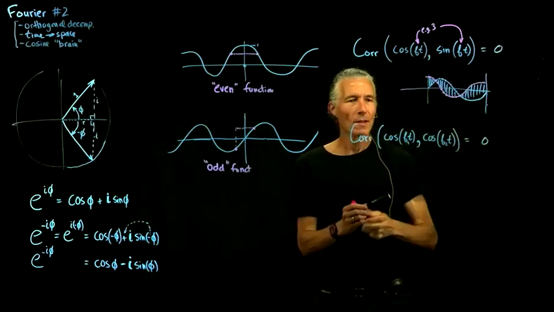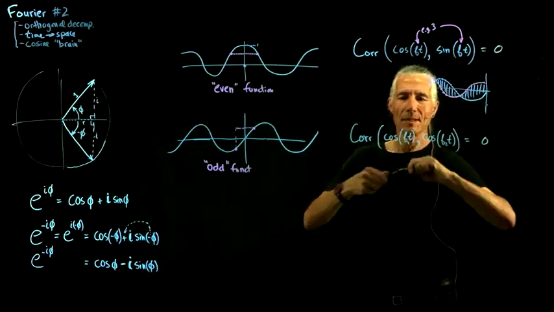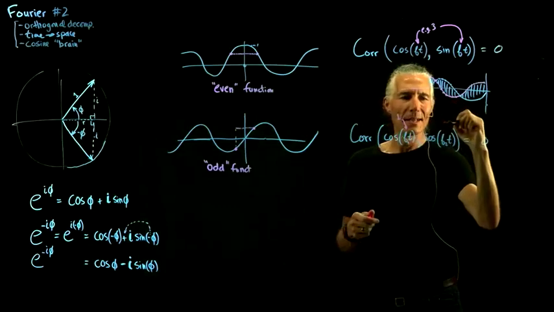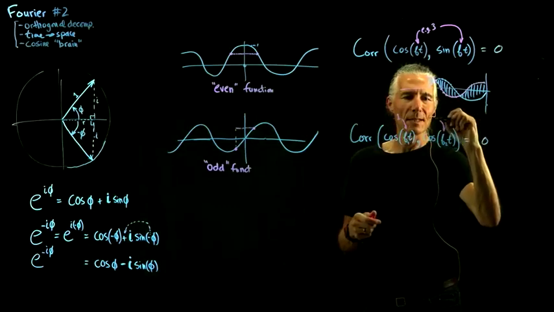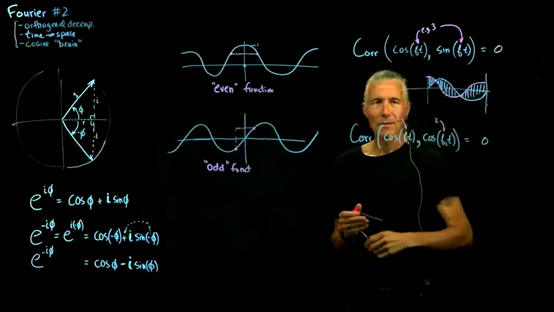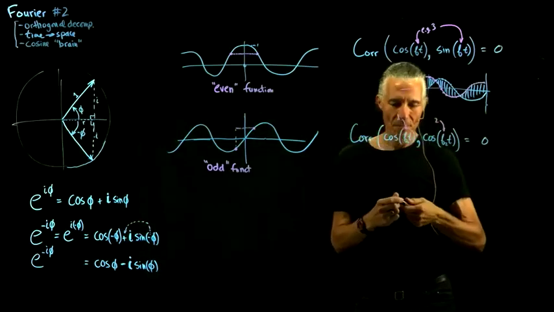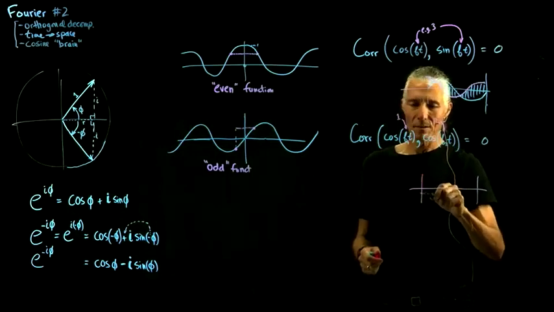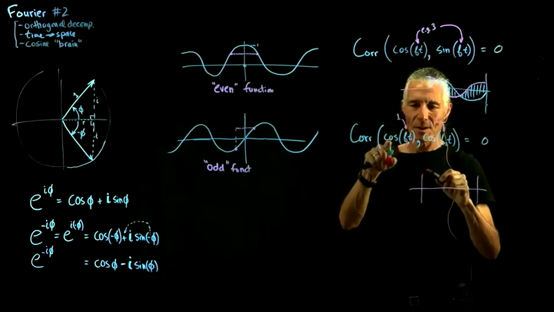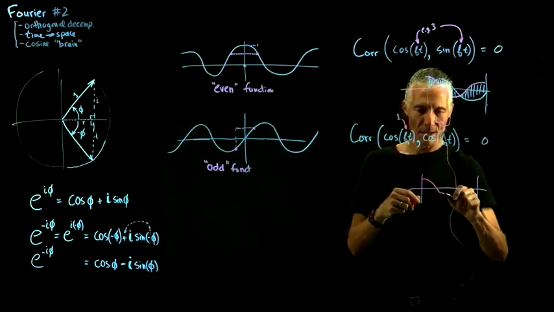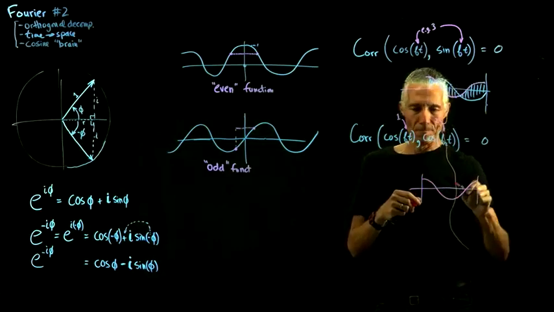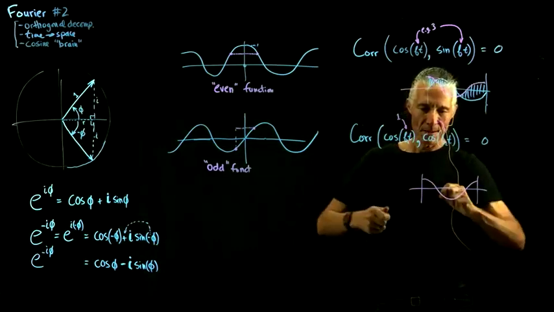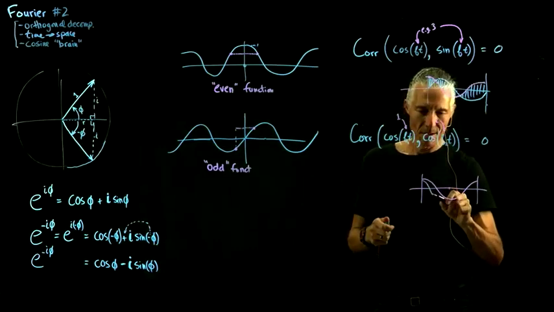This would be like, say that one was frequency 1, and this one was frequency 2. It turns out those are also completely uncorrelated with each other. If we just look at 0 to 360 worth of it, there's a cosine of 1, and then what does a cosine of 2 look like? It looks like it goes like that.